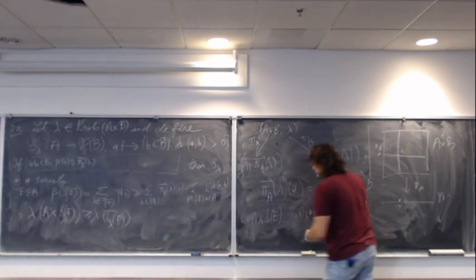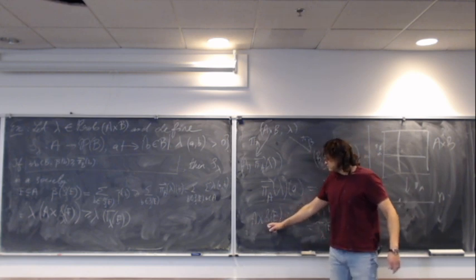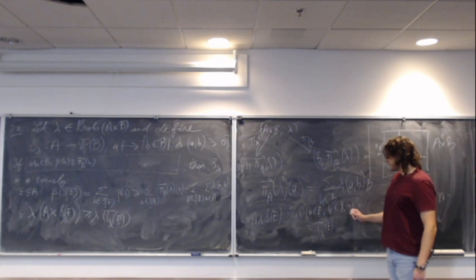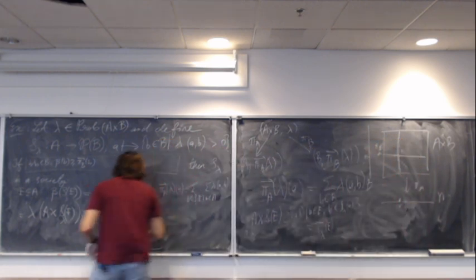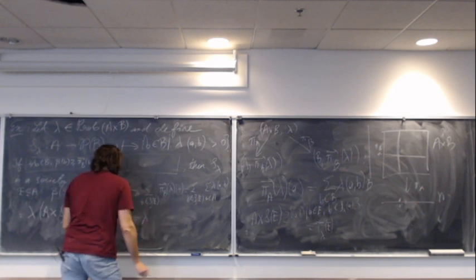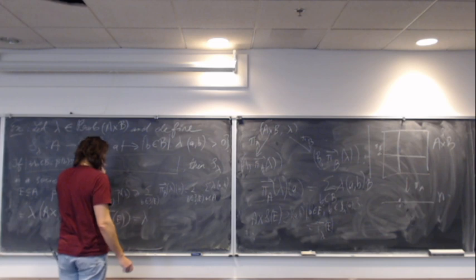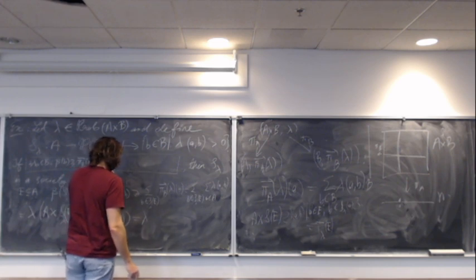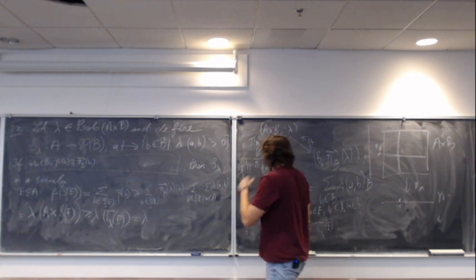But then, if I were to fix a point A, B is in S sub lambda of A if and only if the measure is positive, lambda AB, but then I can just contain the whole fiber. So this is in fact really lambda of... what am I trying to say here? Oh yeah, sorry.